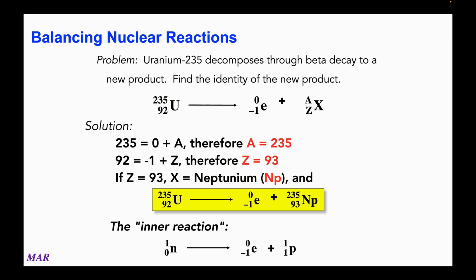That's the reason why electrons and beta particles have a negative 1, because electrons plus protons will equal a neutron, essentially.